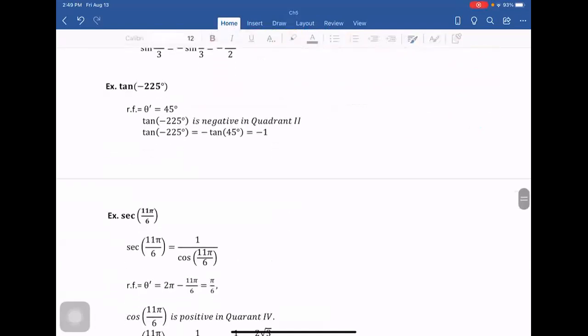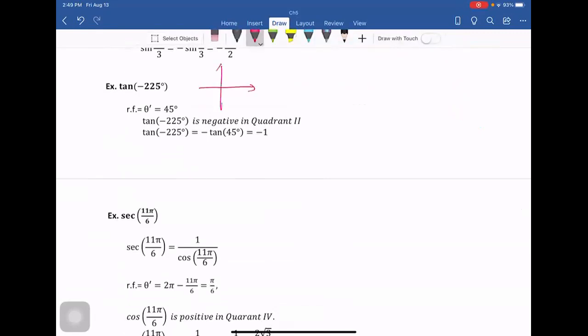Let's move on to see the next one, tangent of negative 225 degrees. When I see this one, I'd like to convert it to a positive angle. So I can use a coterminal angle.